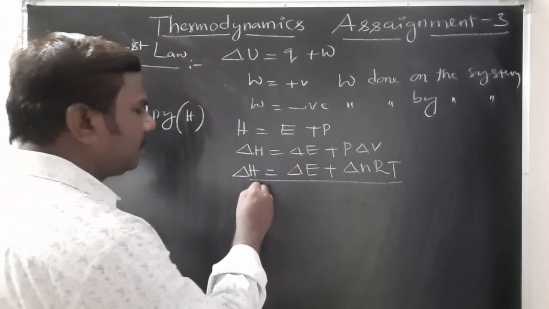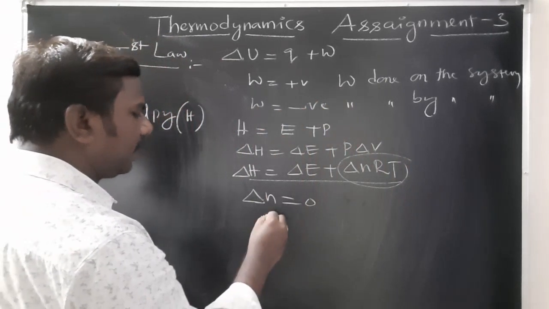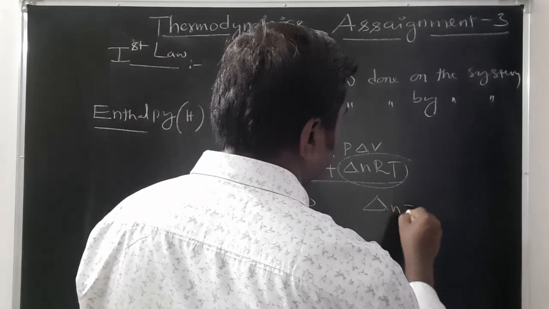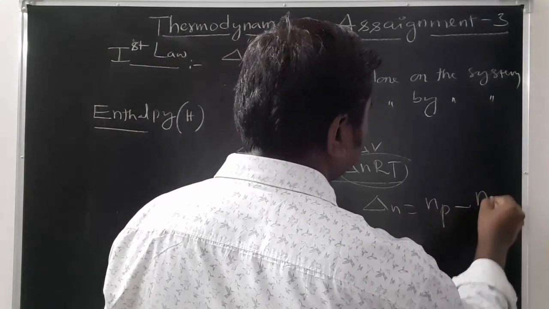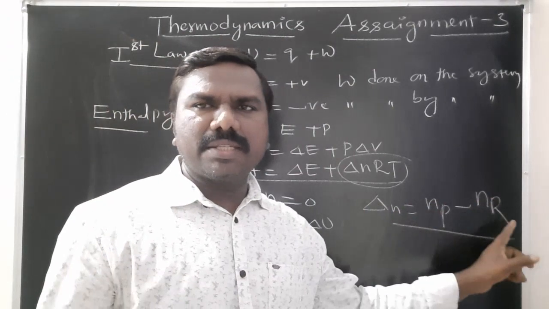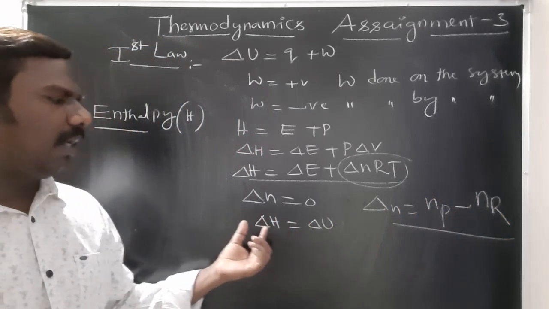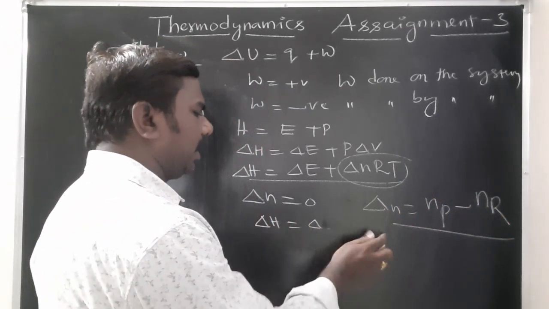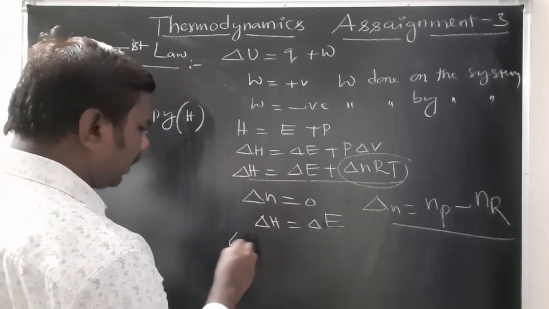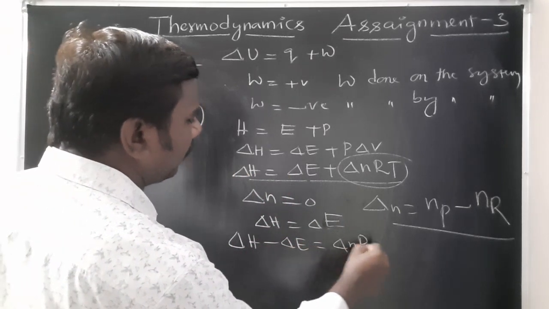If delta n is 0, this whole term will be 0, then delta H is equal to delta E. Delta n is the number of moles of products minus the number of moles of reactants. If it is 0, then delta H is equal to delta U, which is nothing but delta E. Next, if you shift it, delta H minus delta E is equal to delta n RT. That is the formula, students.